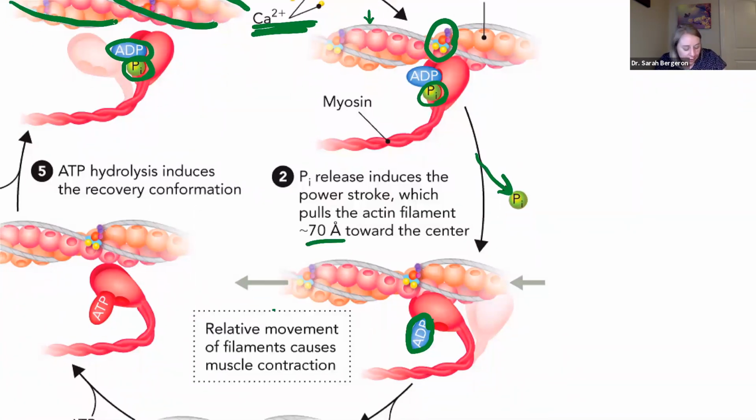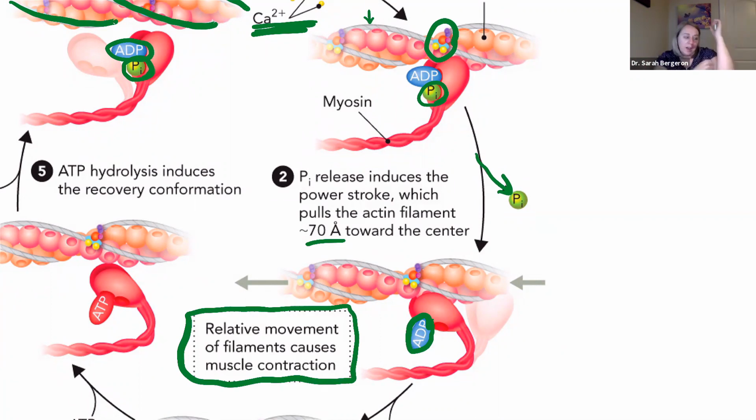And it's this movement that causes muscle contraction. So if all of the myosins latch on and contract at the same time in all of the sarcomeres, in all of the myofibrils, and all of the myofilaments, and every single muscle cell inside of your muscle, you're going to have a muscle contraction.